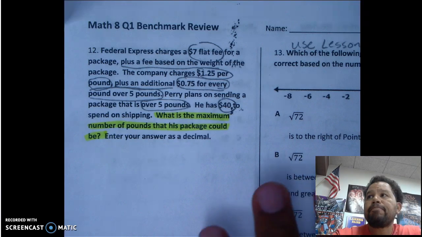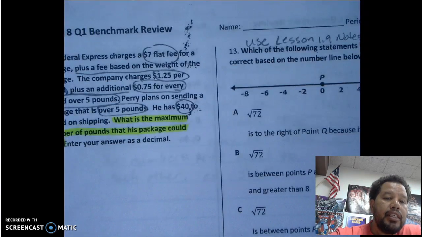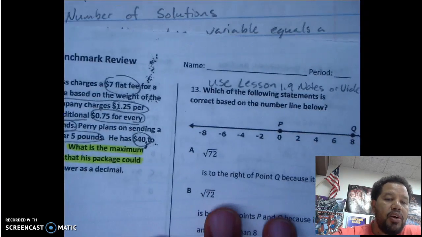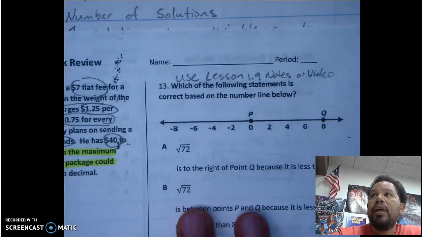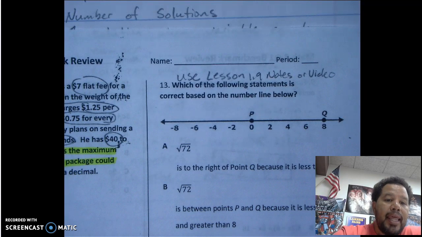Number 13. It says, which of the following statements is correct based on the number line below? And I put use lesson 1.9 notes, which is approximating roots that are not perfect squares, or the video. So you can either watch the video for 1.9 or look at your notes for 1.9.